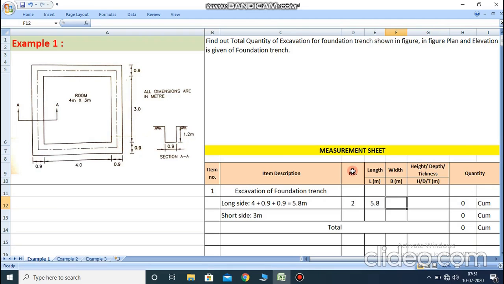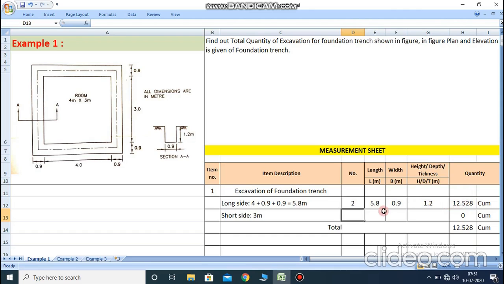So 0.9 meter is the width, and for the height, depth or thickness, for the excavation we count it as depth. In the section part the depth is given as 1.2 meter. So right here 1.2 meter. Now from the long wall side, the total excavation for the foundation is 12.528 cubic meter, or meter cube.